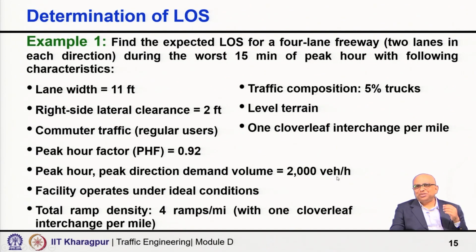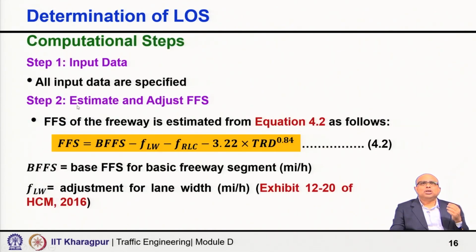That will matter when we convert this vehicle flow into passenger cars per hour per lane. It is level terrain and 1 cloverleaf interchange per mile. So, all input data we require are specified.